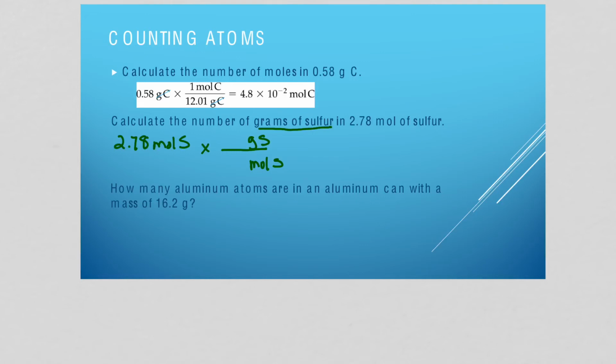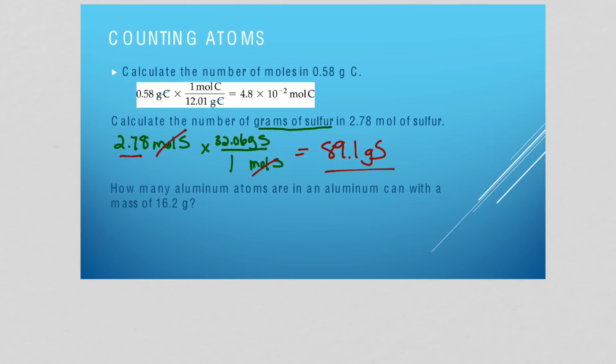If I look on the periodic table, I would find that sulfur has a molar mass of 32.06 grams per every mole. My moles cancel. I do my math, and retaining 3 significant figures, I get 89.1 grams of sulfur. So 2.78 moles represents 89.1 grams of sulfur.